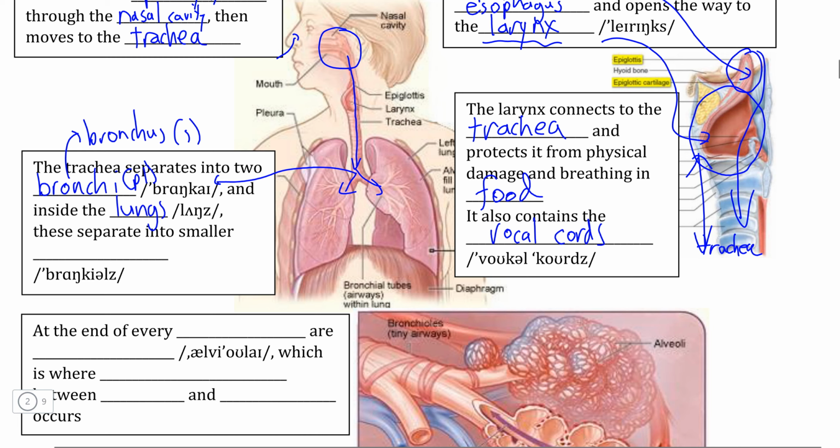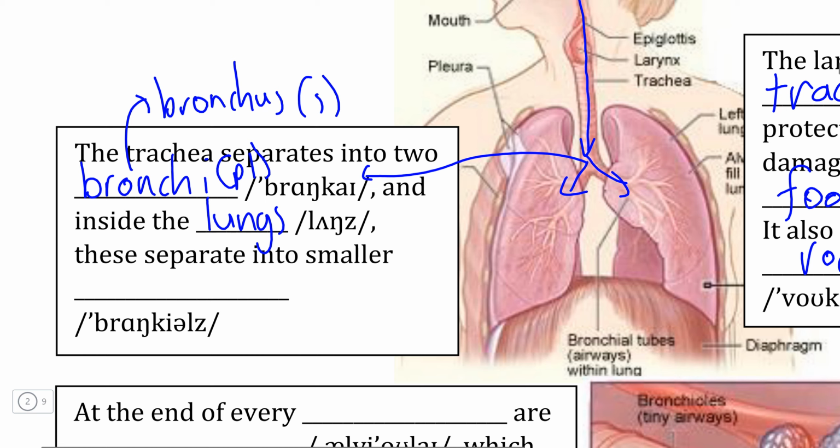So the job of your bronchi is to take the air from your trachea and divide it up evenly into each of the lungs. And as we can see, if we zoom in on what happens to the bronchi whenever they get into the lungs, we can see that the bronchi further divide into a much larger number of smaller respiratory tubules, which are what we call your bronchioles collectively.